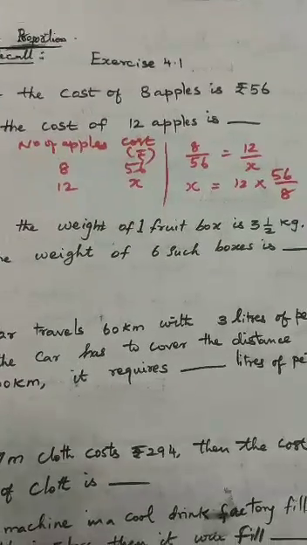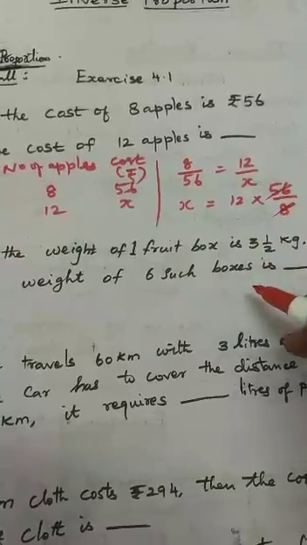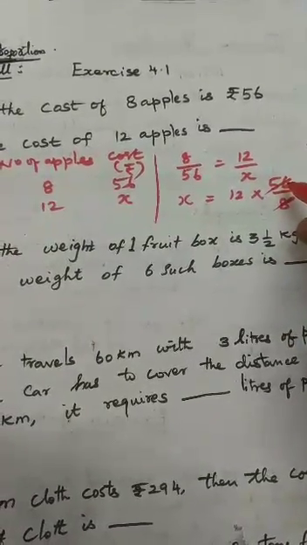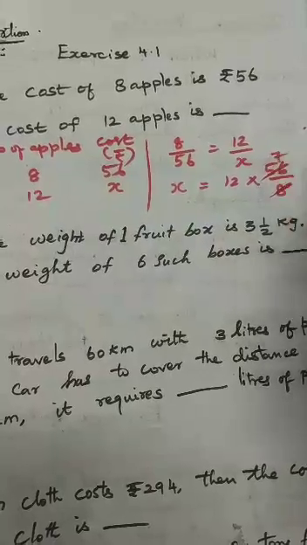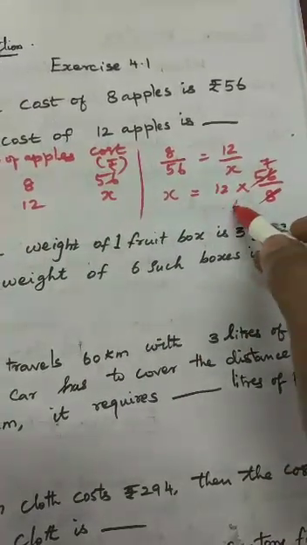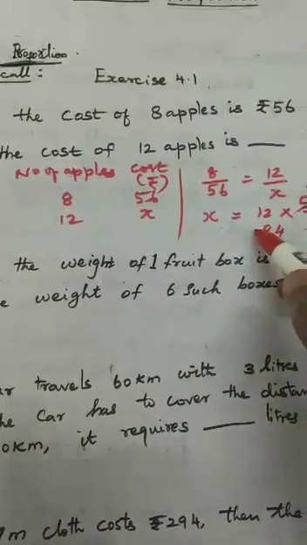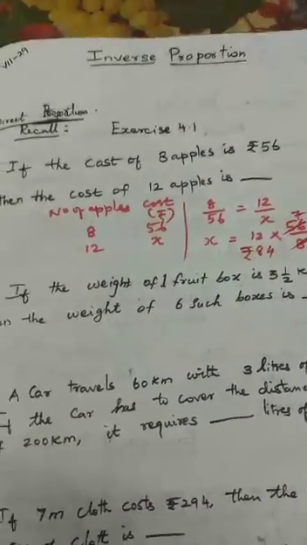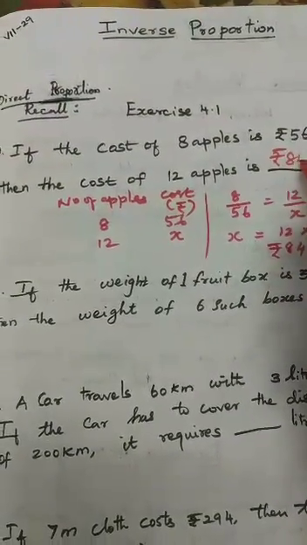It is multiplicative inverse or reciprocal. And you cancel these two. 56. 8 7s are 56, isn't it? 7 2s are 14, 4. Remainder 1. 7 1s are 7. 84. So, the cost of 12 apples is rupees 84.